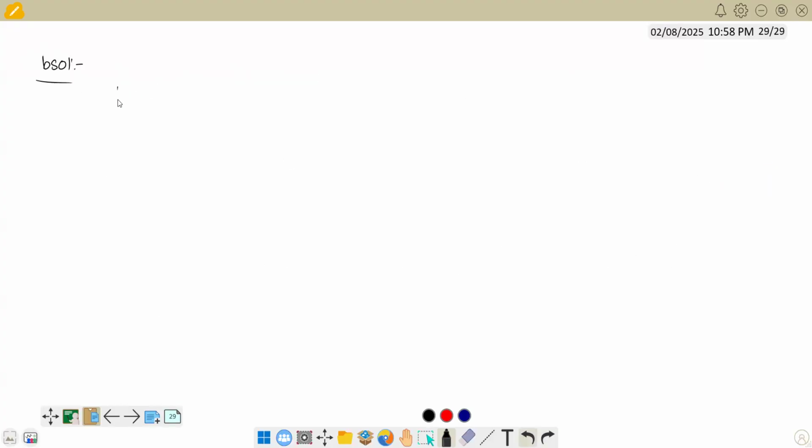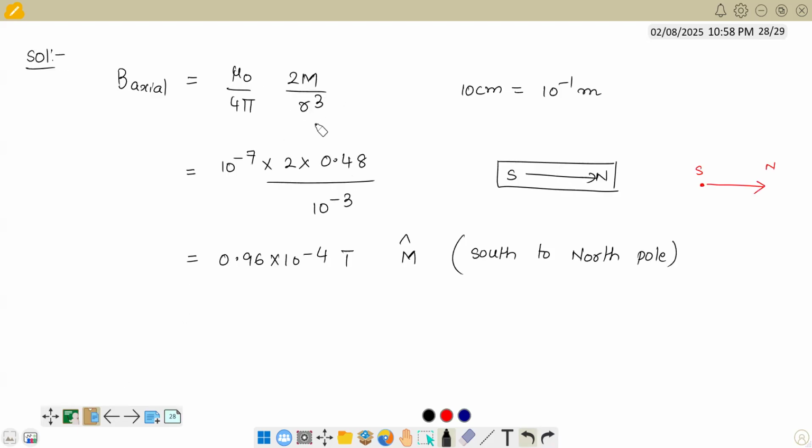Now let us go for the B solution of this. We need to find the magnetic field at the equatorial point. At the equatorial point, since it's a small magnet, we can write mu naught by 4 pi m by x cube. We already know mu naught by 4 pi 2m by x cube is 0.96. Don't solve it again.